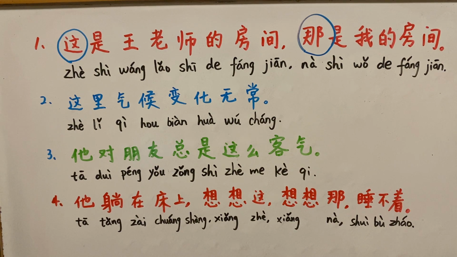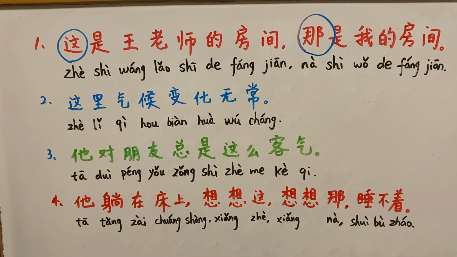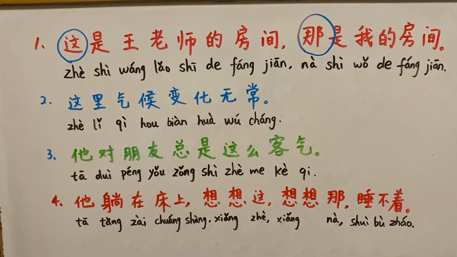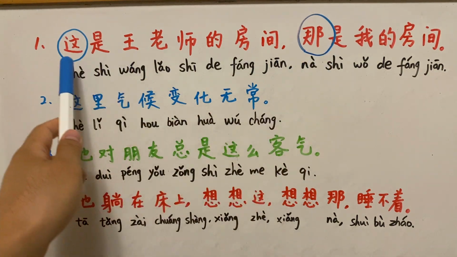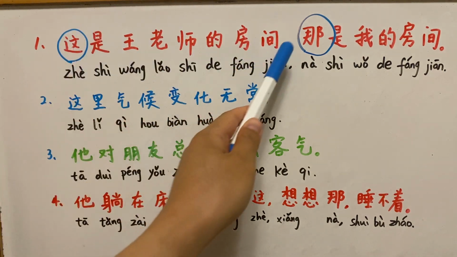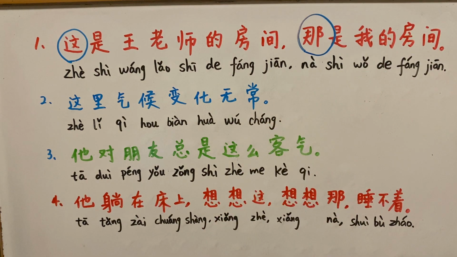It's closer than that room. 这 is closer than 那. 这是王老师的房间，那是我的房间。So 这 and 那 are the subjects in the two clauses, right? 这 is the subject of this clause, and 那 is the subject of this clause.